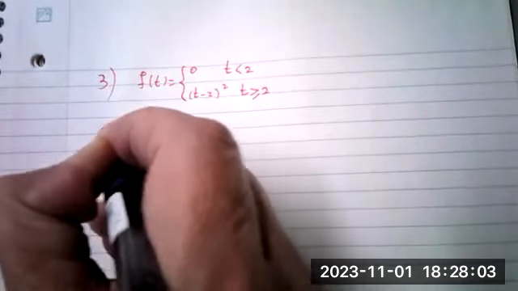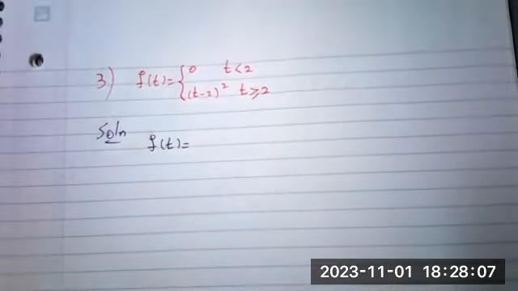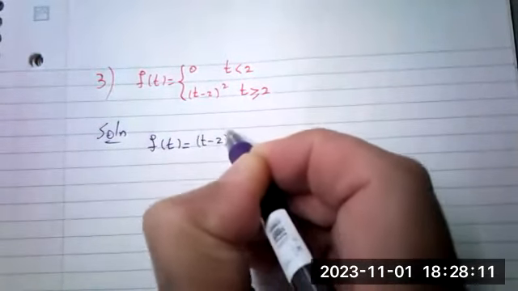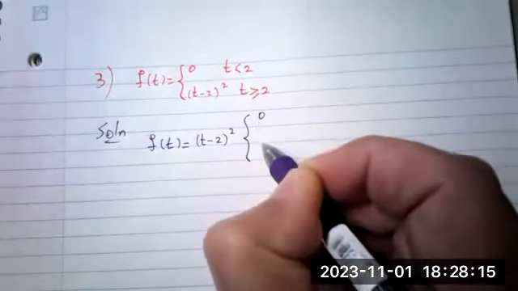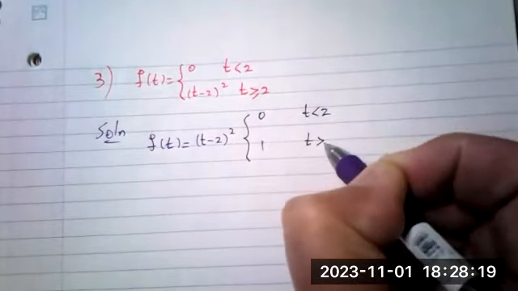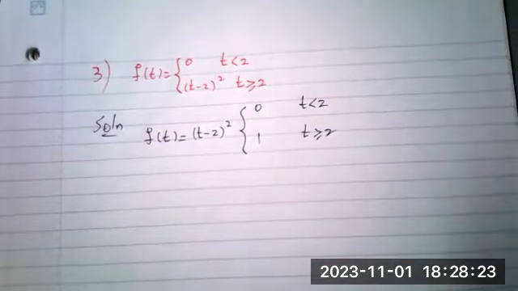Solution: f of t is equal to (t minus 2) squared multiplied by a function that is 0 for t less than 2 and 1 for t greater than or equal to 2. But we know this function. That's a unit step function at base 2.